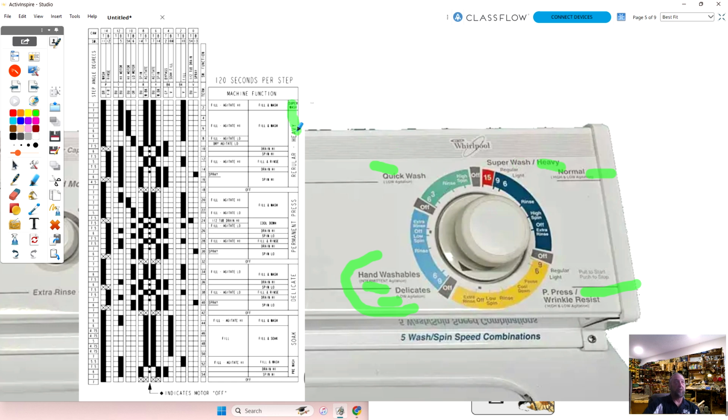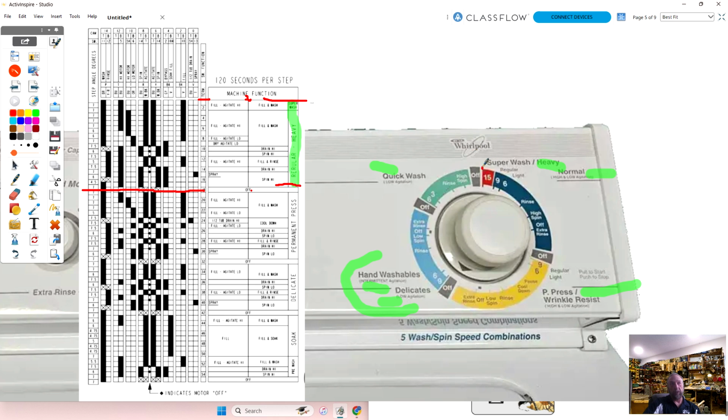Well, here's our normal cycle. And from this point to this point, and I'm going to mark it with a darker line, this being the beginning of the cycle, and then it goes through all these steps till it gets to the off position here, and that's when the cycle is going to end. This beginning point right here.